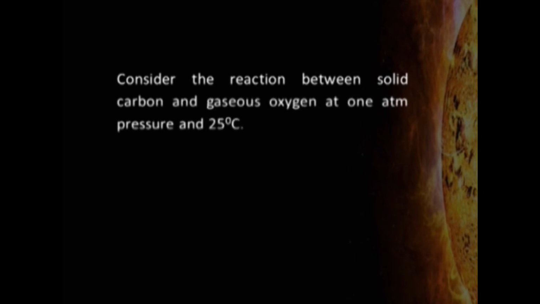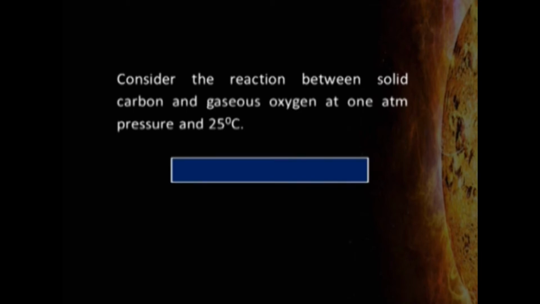Consider the reaction between solid carbon and gaseous oxygen at 1 atmosphere pressure and 25 degrees Celsius. Here is the reaction: solid carbon plus gaseous oxygen gives gaseous carbon dioxide.